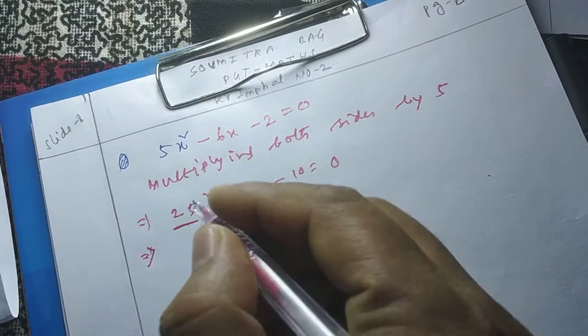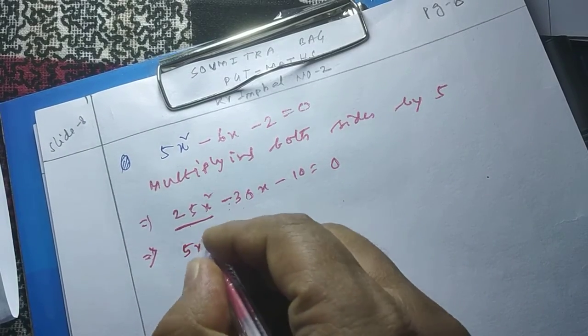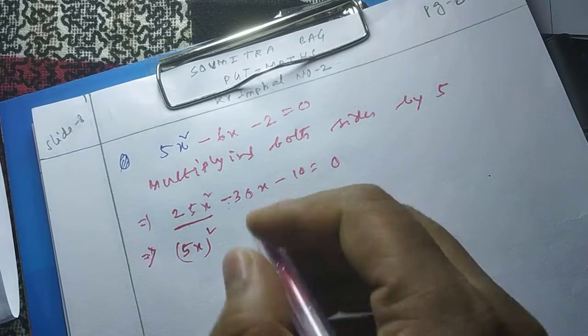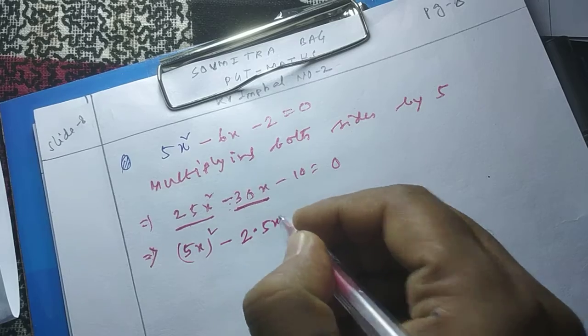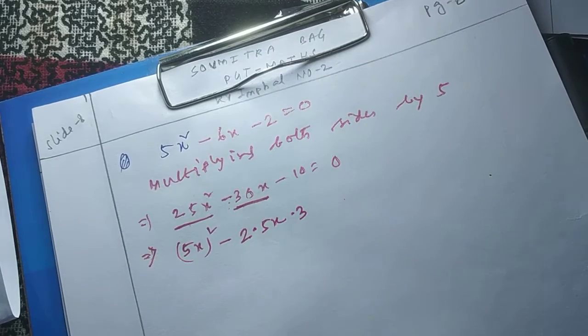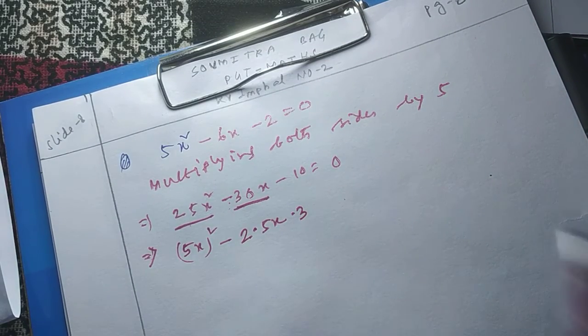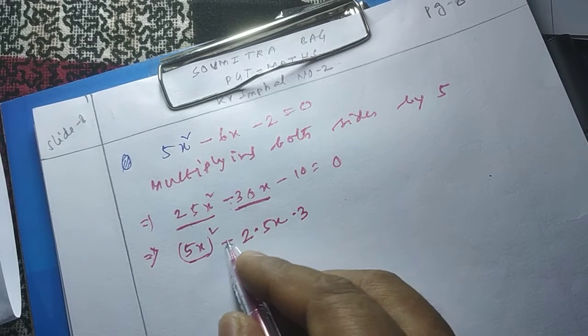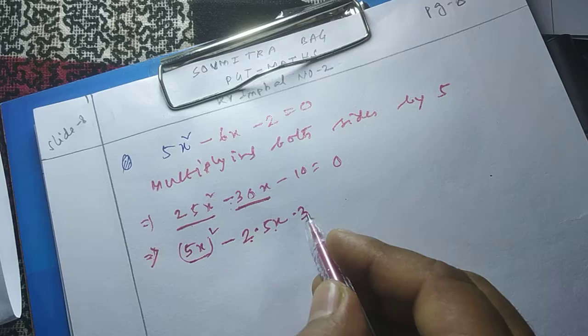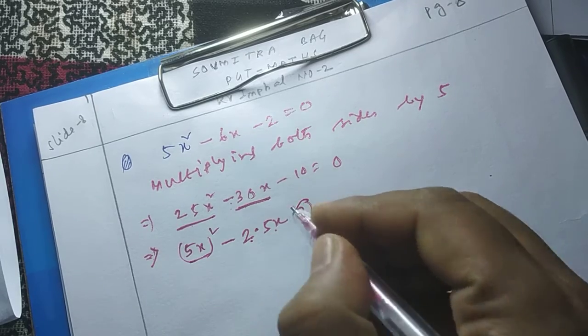It is a perfect square. 25x square can be written as 5x whole square. Now this 30x can be written as 2 into 5x into 3. Can I say? Now 5x will be working as a, and 3 will be working as b.